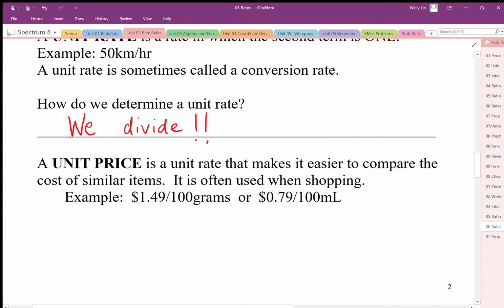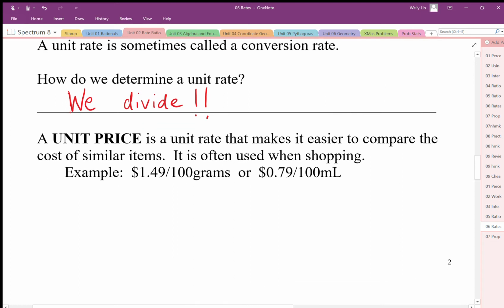Unit rates are really important because they allow us to compare rates to each other. When we have two rates that are comparing the same quantities, we're able to compare them much easier. So not only do they give us a multiplier or a conversion factor, they also allow us to compare quantities to each other in an equivalent way, because we're always comparing them to 1.